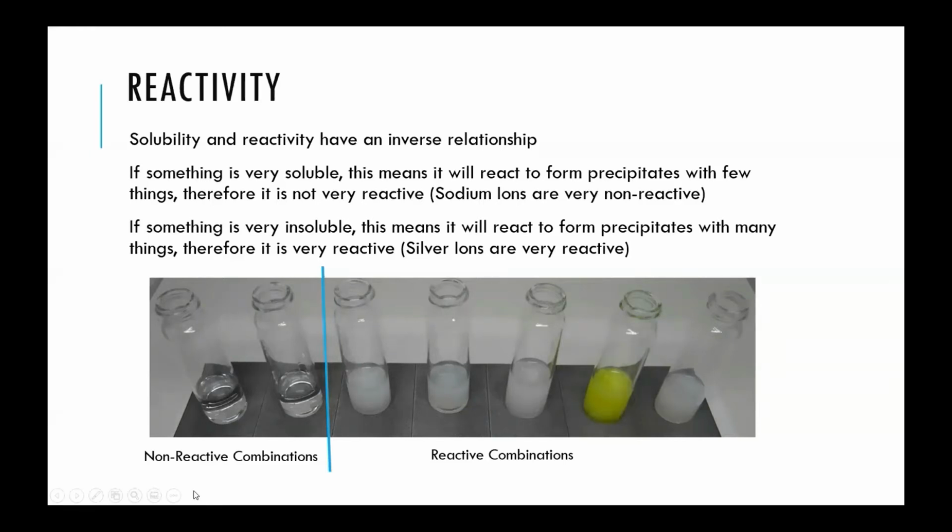Likewise, silver ions are very, very reactive, and they form a precipitate and come out of solution with almost anything. Silver ions are very reactive, but very insoluble. So whatever is soluble is typically non-reactive, and whatever is insoluble is more reactive.